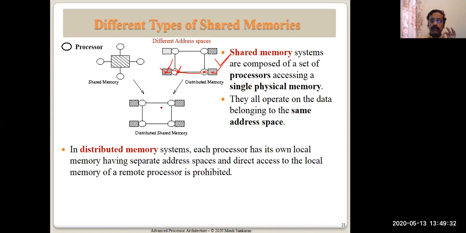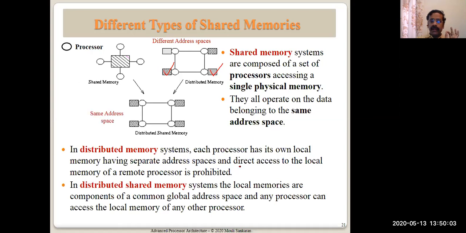You might have heard about DMA, direct memory access, in a computer organization course or OS course. The CPU will not be involved most of the time. This CPU can directly access the memory with the hardware interfaces. Don't worry about it, but it will take more time. Access time will be more. So local memory is this, remote memory is this.